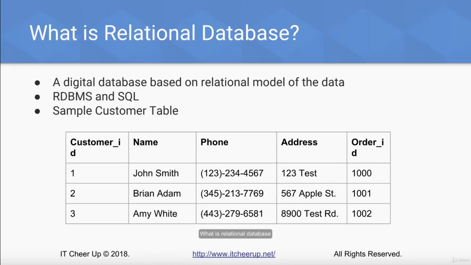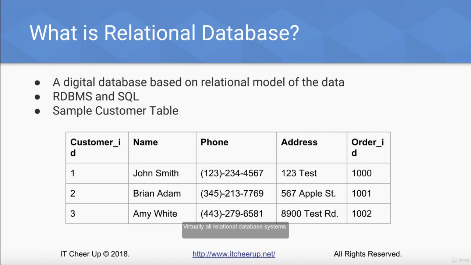What is a relational database? A relational database is a digital database based on relational model of data. A software system used to maintain relational database is a Relational Database Management System, RDBMS.